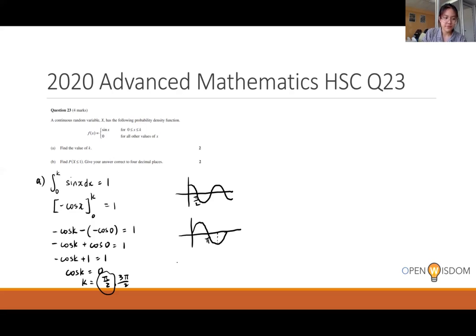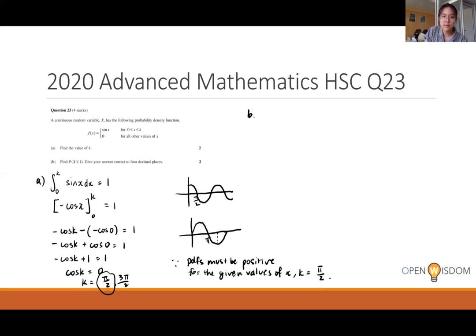So because PDFs must be positive for the given values of x, k must be pi on 2. So that's part A of the question.